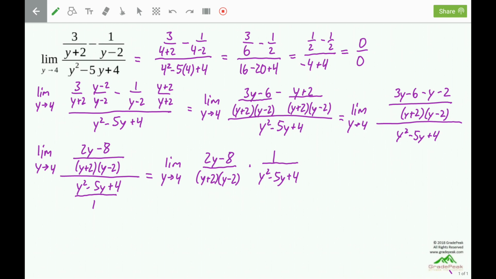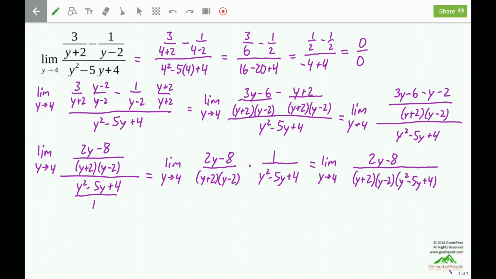We can now multiply these fractions out. You just multiply the numerators and the denominators. And this will turn it into the power function type of problem at that point. In the numerator we have 2y minus 8 times 1. That'll just be a 2y minus 8. In the denominator we have y plus 2 times y minus 2 times y squared minus 5y plus 4.